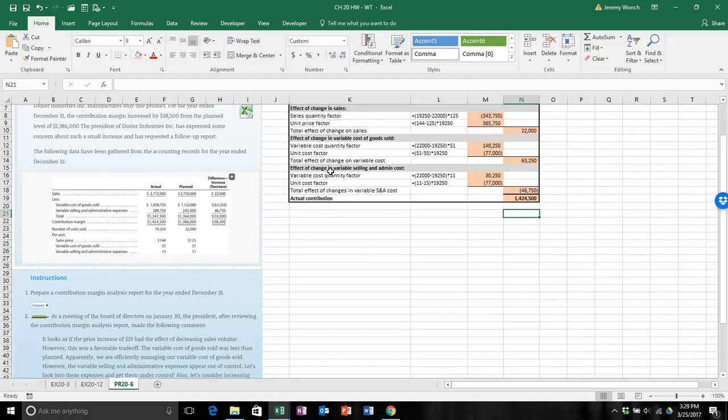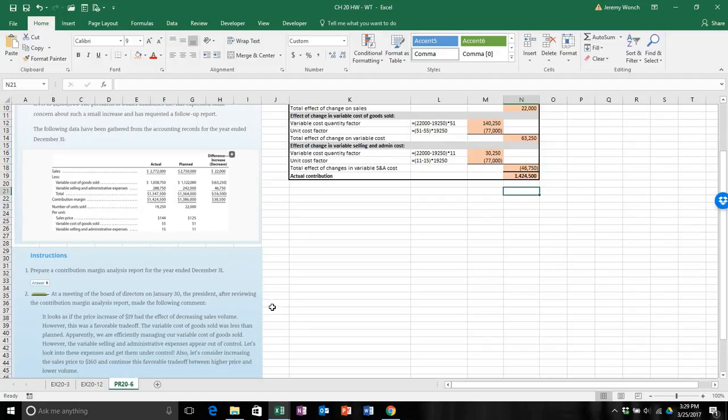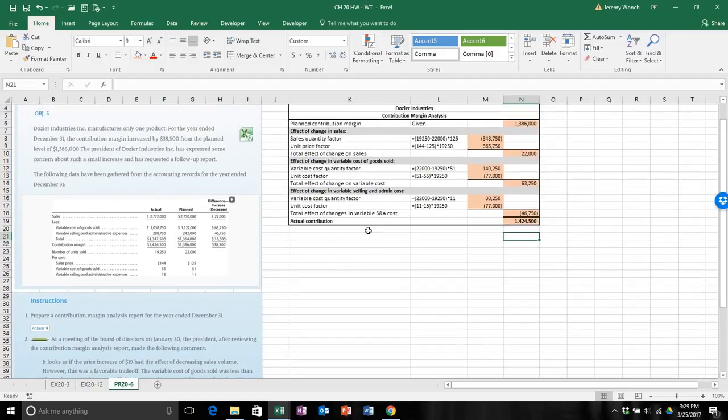And then for the variable selling SG&A cost, he's actually right here. He says, yeah, the costs are higher. They are higher per unit, and so we probably should look at that.